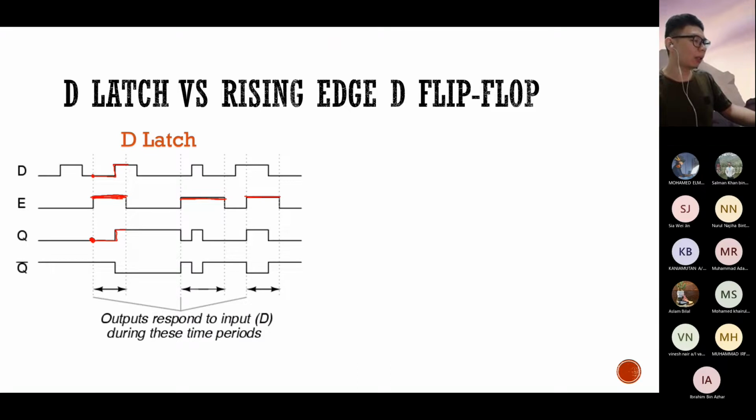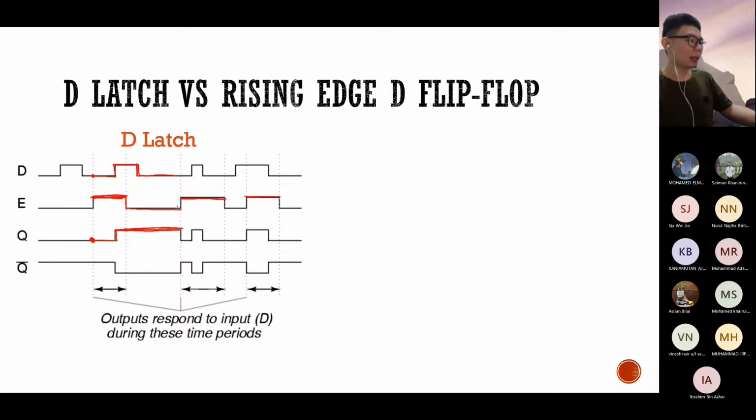However, once you turn off this D latch by giving an enable 0 over here, the D latch doesn't care anymore what you give at the input. Even though you change the input over here to 0, the output does not change, does not budge. The output is latched at whatever value that it is currently on, which is 1 over here.